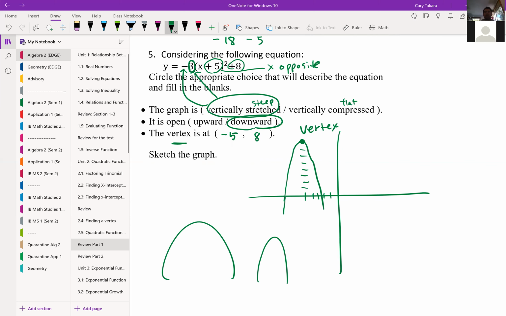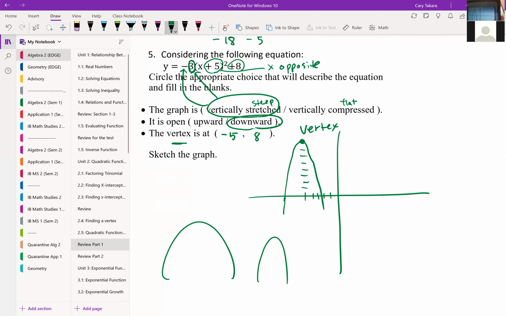And if you have a graphing calculator, let me show you. Let's see, -3 times x plus 5 squared plus 8. So I've just typed it in. And then I'm going to press graph.